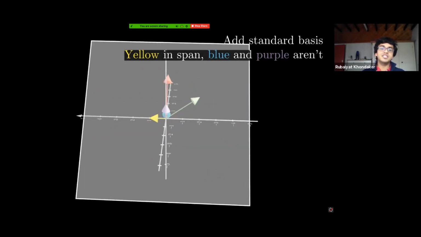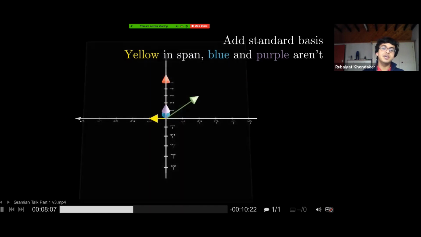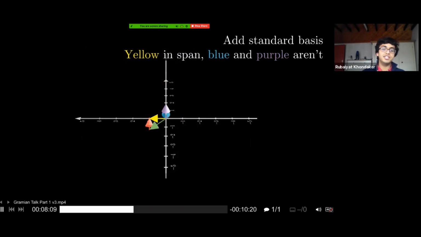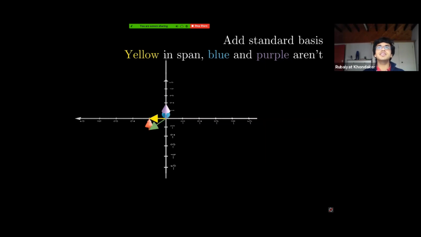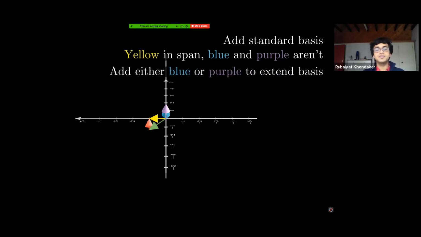It does turn out that the yellow vector is in the span, which you can see by finding a linear combination of the green and red vectors that works. So if you wanted to extend the green and red vectors to a basis, you would add either the blue vector or the purple vector, because that allows you to reach more vectors.